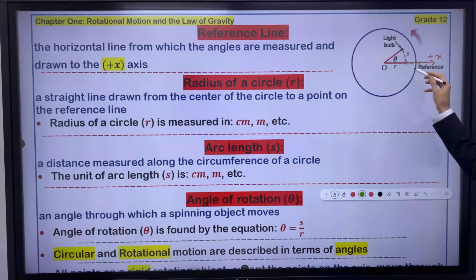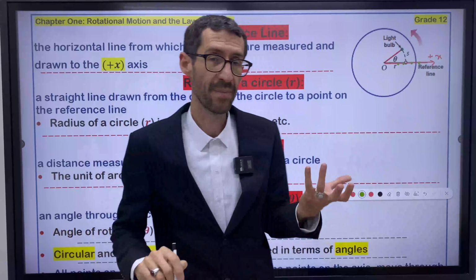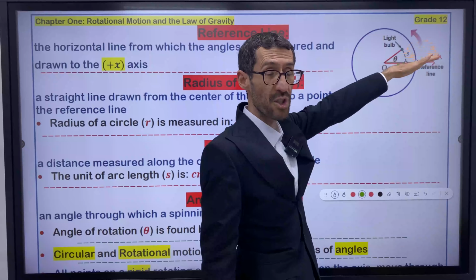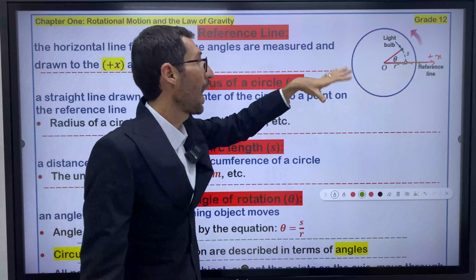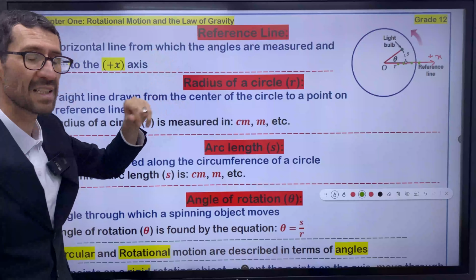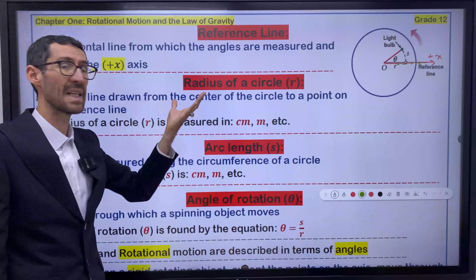So the angle of these points is 0 because they have no motion. They don't have any displacement from this position. They are located on the reference line. That's why their motion is considered to be 0. Their angles are considered to be 0.